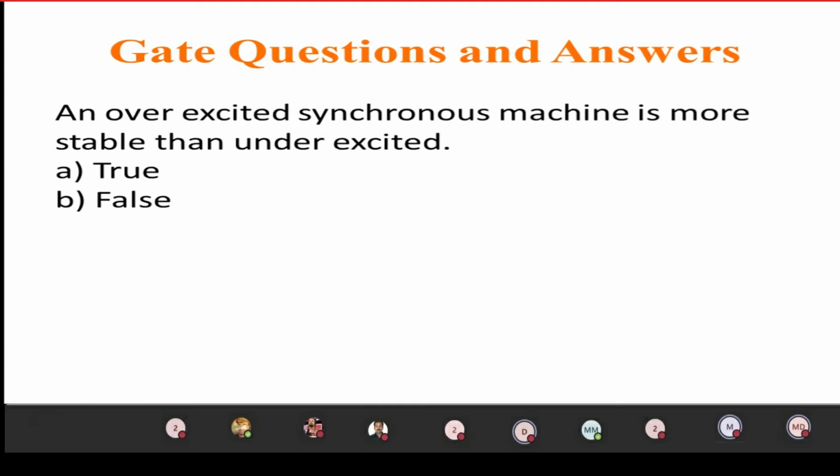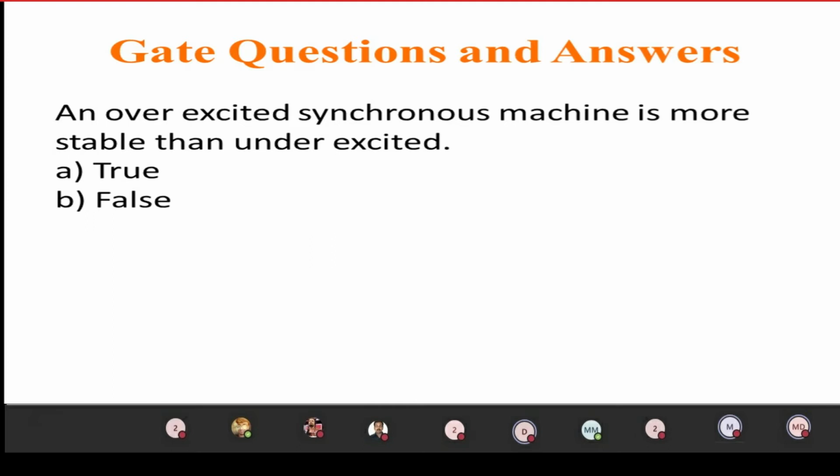So it requires a magnetic field, that is, a static magnetic field. Based on the magnetic flux, we are producing the EMF. And an overexcited synchronous machine is more stable than an under excited one. Here they did not mention which type of stability, but we can imagine the voltage.